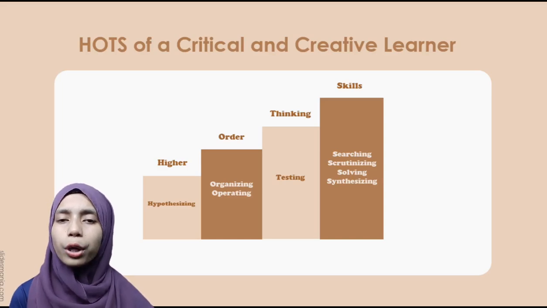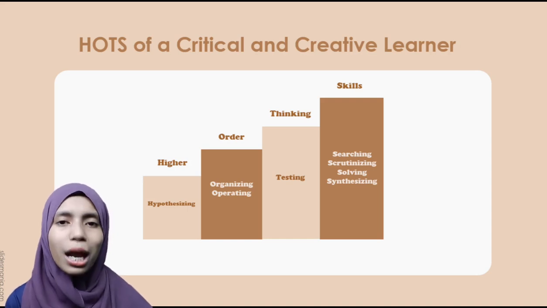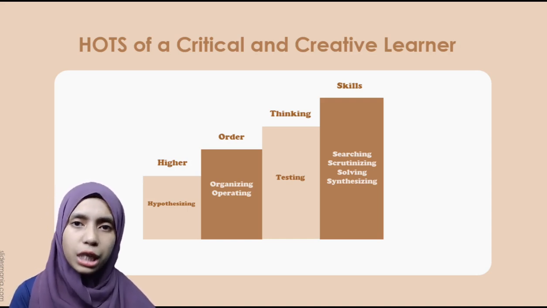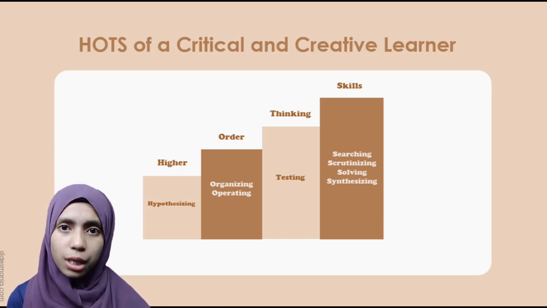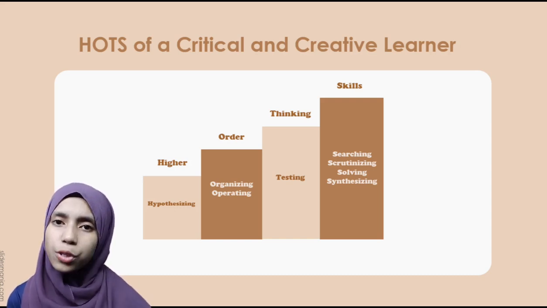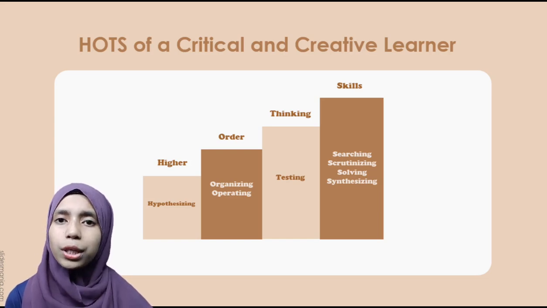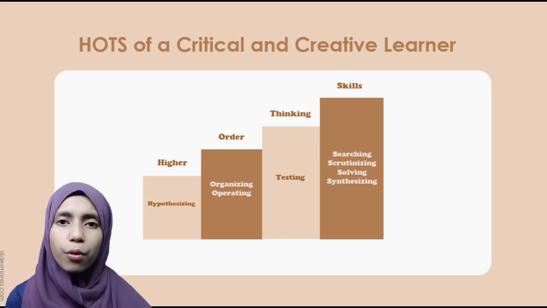So, children who are critical and creative thinkers use what we call HATS or higher order thinking skills. So, these skills include hypothesizing. It is when children guess or predict possible answers. And the next one is organizing and operating, when they group, arrange, or make things work.